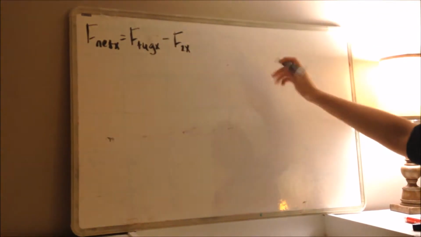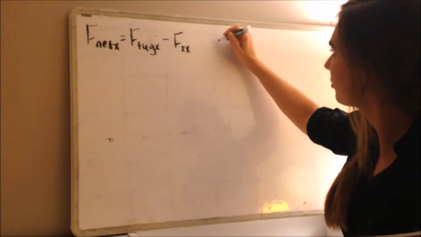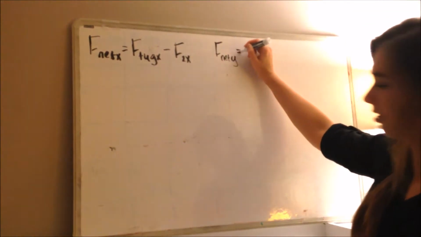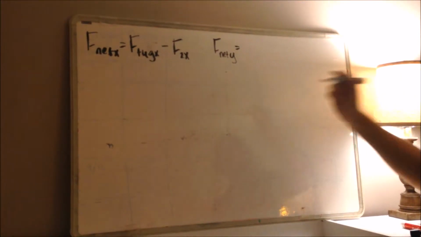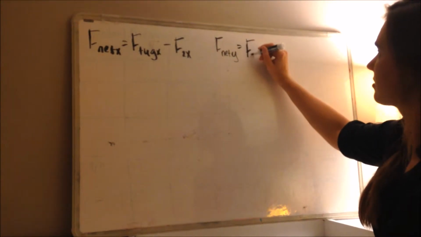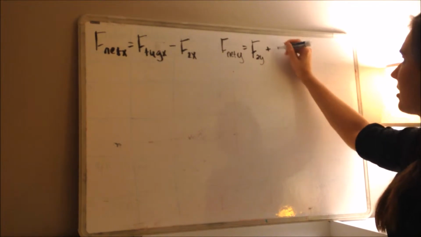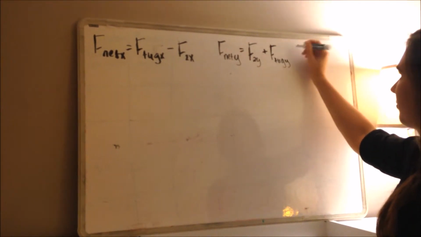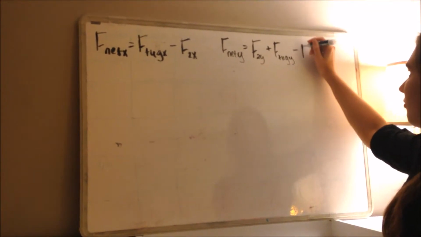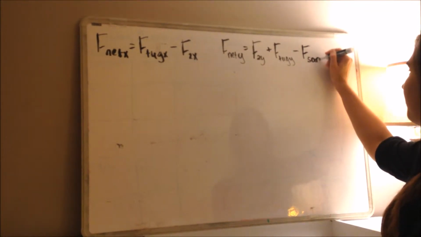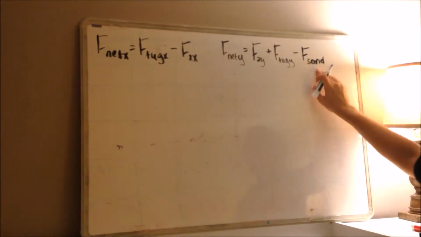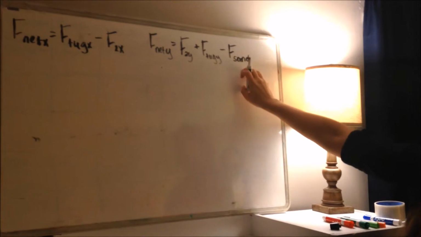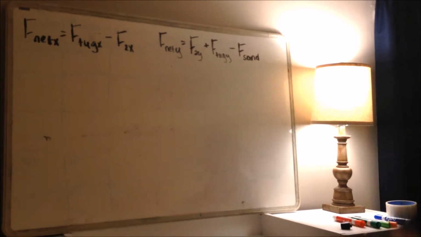Also, we have the net force in the y direction, which is going to equal the unknown force in the y direction plus the force of the tug in the y direction minus the force of the sand. And it's only the force of the sand because on the free body diagram we know that the force of the sand is only in the y direction.